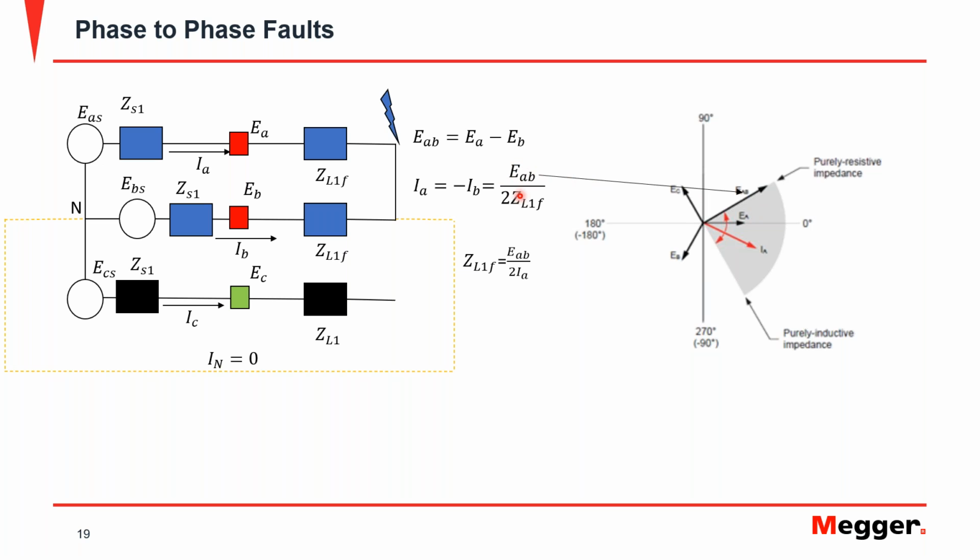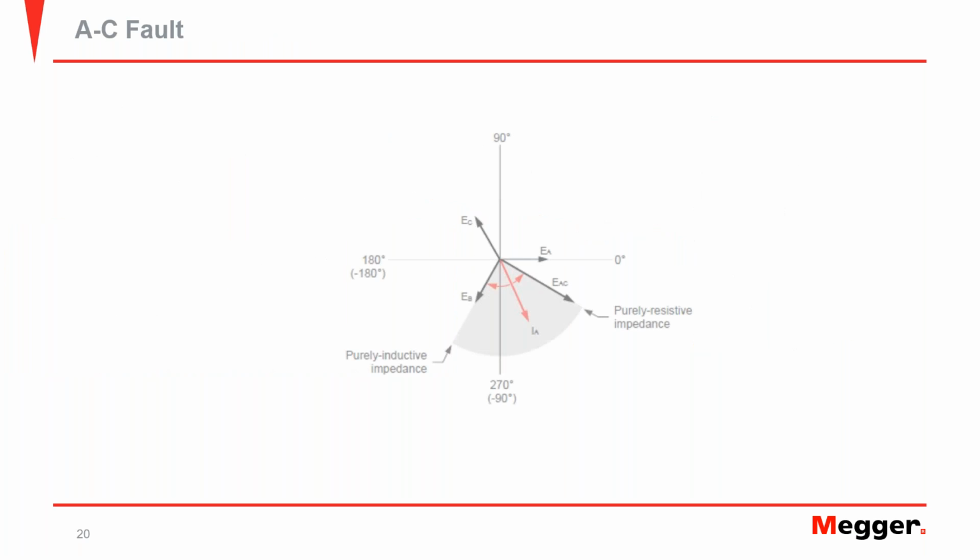Of course, the difference here is that instead of having one line impedance, we have twice the line impedance, and therefore even though the calculations are a little bit different, the phase relationships remain, and we can do the same for other phases.